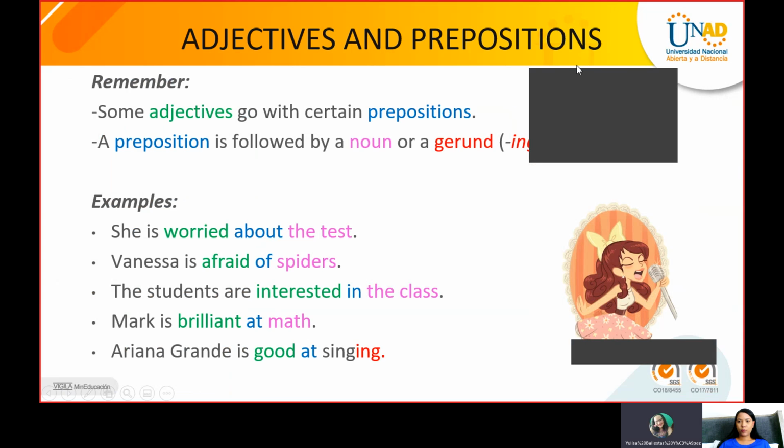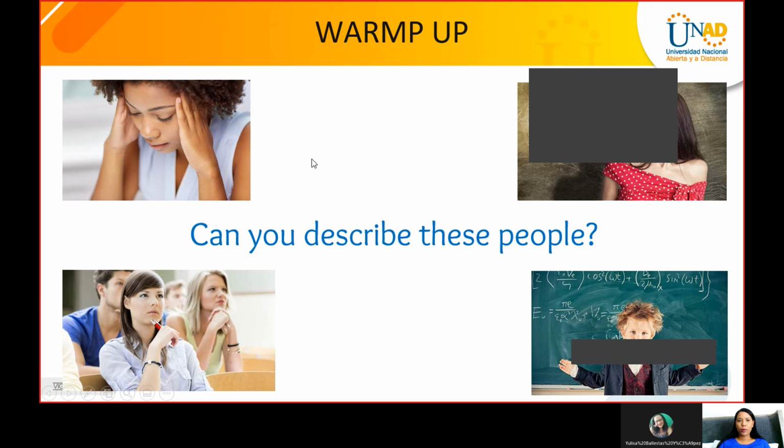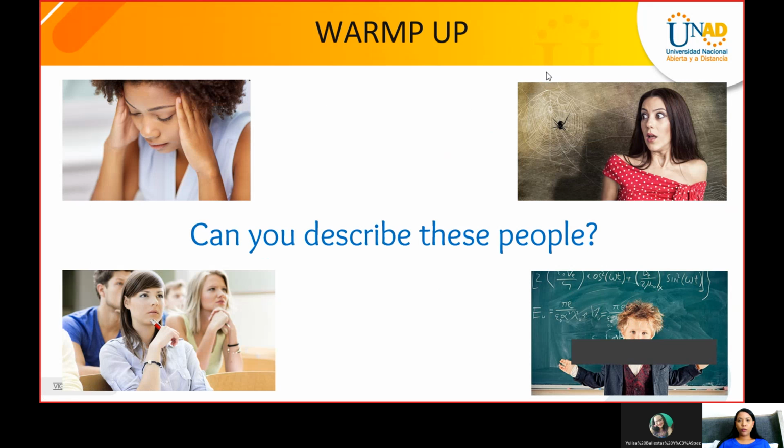Okay, that's wonderful. So here we have some pictures, and I want you to tell me an adjective for each person. Remember, an adjective is a word that describes people, places, or animals, right? In this case, we're going to talk about people. I'll give you an example.